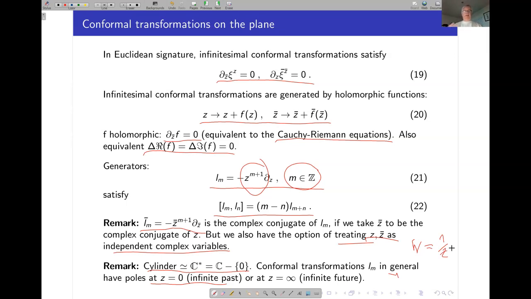And if you rewrite vector fields, or more generally tensors, in terms of this coordinate w, you can talk about the point at infinity in the complex plane, and then you will again find by looking at the variable w that part of your vector fields are singular if you are at z equals infinity in the infinite future. So not all infinitesimal conformal transformations become really finite conformal transformations on the Riemann sphere.